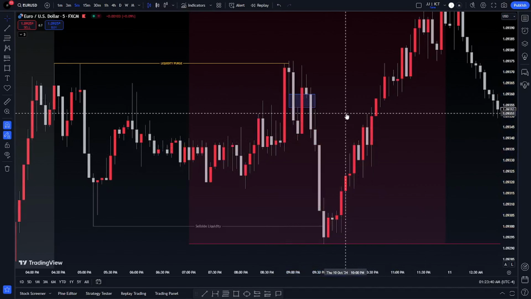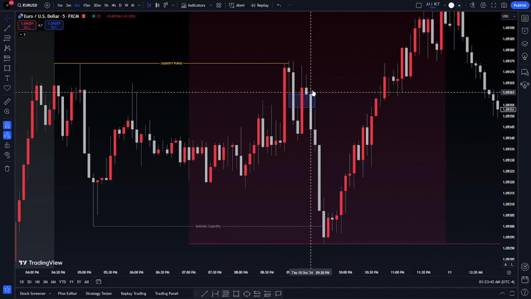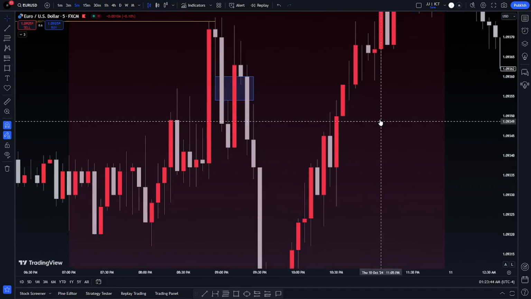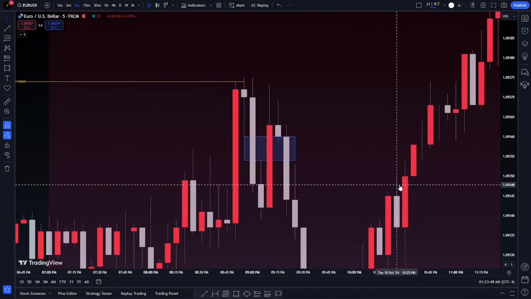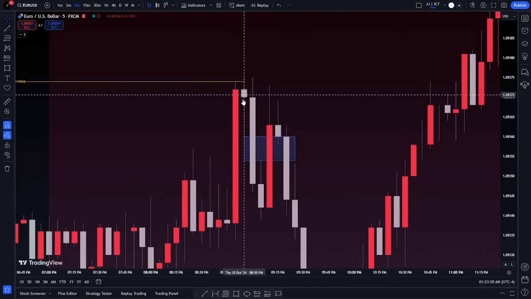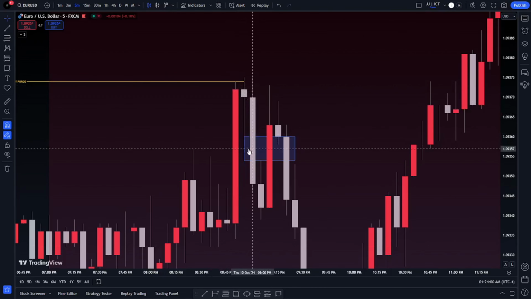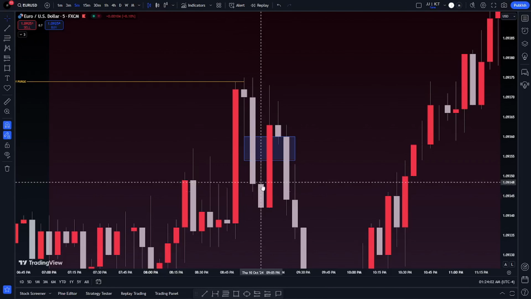And also with the fair value gaps, let me go over one thing. Zooming in on this one here. Like I said, a fair value gap forms with 3 candles. I need you to understand that. So it's 1 right here, 2 right here, and 3 right here.